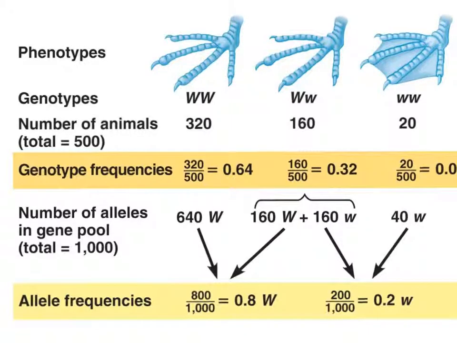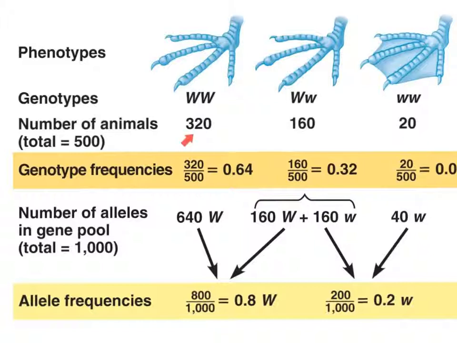This is the same problem using the legs of a bird, and in this we have W's to represent webbed or not, and we have not webbed as being big W, big W, not webbed as heterozygous being big W, little w, and webbed feet being little w, little w. Out of 500 animals, 320 were dominant big W, big W, 160 were big W, little w, and 20 were little w, little w.